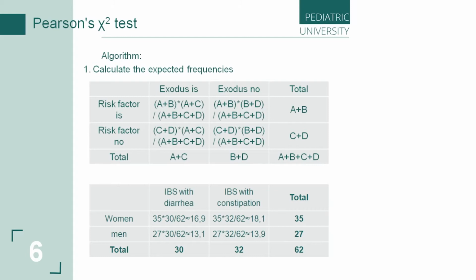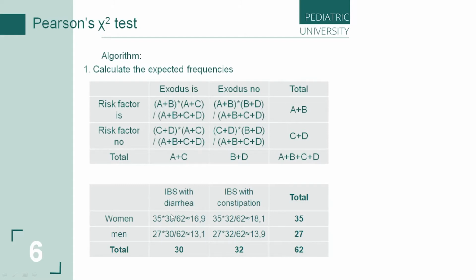Let's see. We have the values 35, 27, 30, and 32. You can see the total number, 62. We calculate the expected frequency of irritable bowel syndrome with diarrhea in women. How? 35 multiplied by what? 35 is A plus B in our table, the sum of this line.